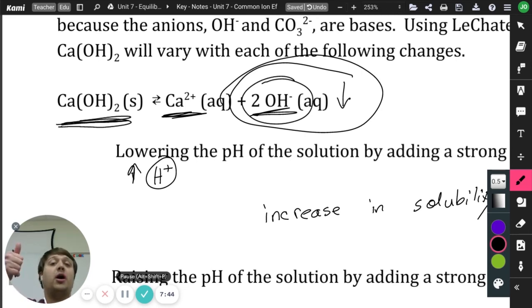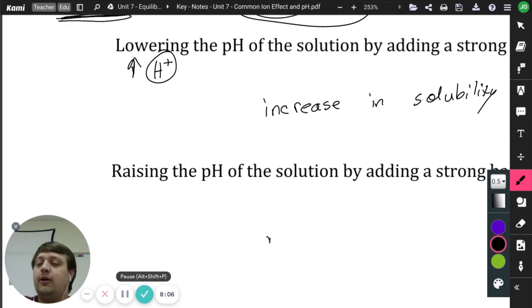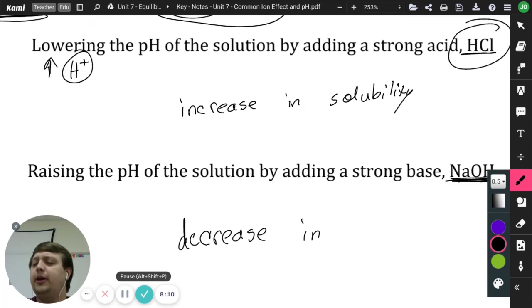So now I've got more products, and based off of Le Chatelier's, I'm going to see a shift to form more reactants. That would result in a lowering of the solubility, because less of that calcium hydroxide would actually be able to dissolve. So we're going to see a decrease in solubility.